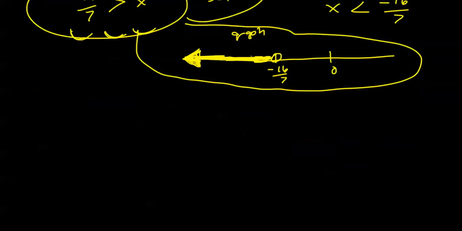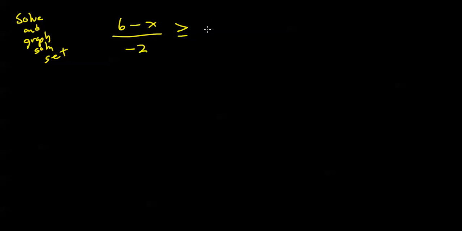Alright, let's try another one from the homework list. Again, solve and graph solution set. I get 6 minus x divided by minus 2 is greater than or equal to minus 6.